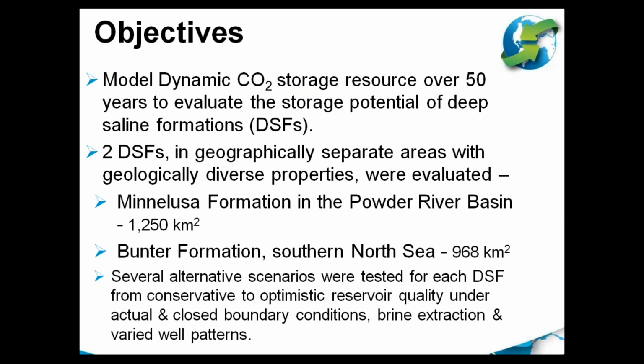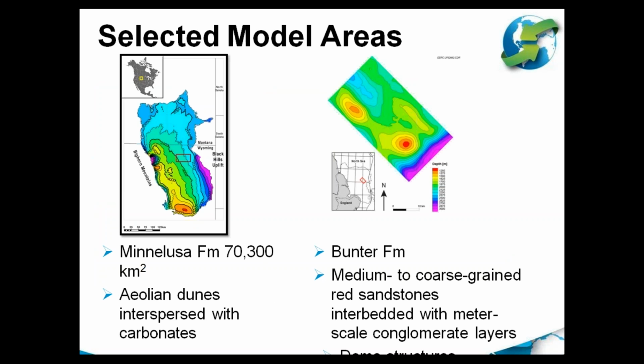Again, several different scenarios were tested to see what effect they had on storage efficiency. And again, the modeling was designed to contrast the effect of closed conditions, open conditions, brine extraction, and indeed salinity. So the selected model areas were much smaller.